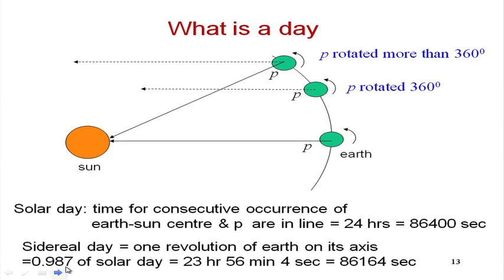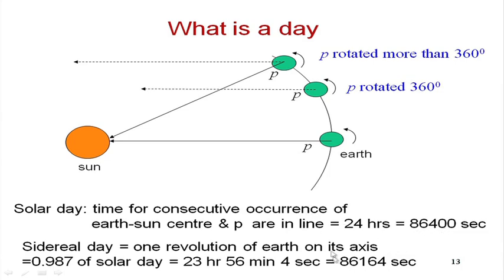It can be calculated that it is 0.987 of a solar day, which is 23 hours 56 minutes 4 seconds roughly, which in terms of seconds comes out to be 86,164, whereas a full solar day of 24 hours is 86,400 seconds.